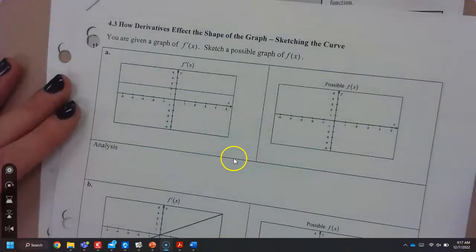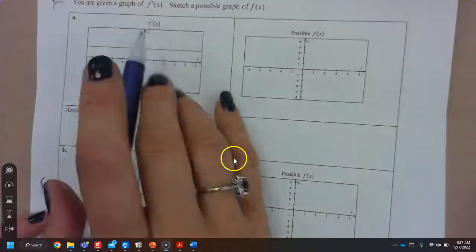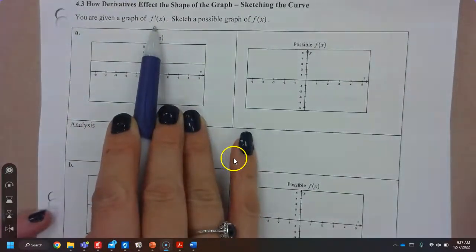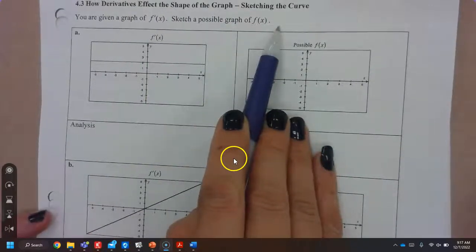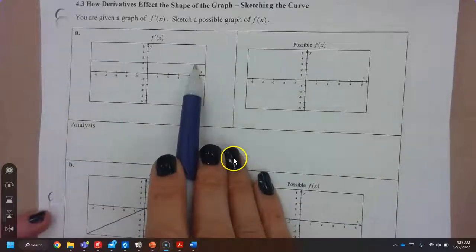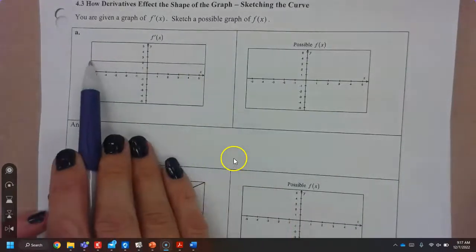All right. So here it says you are given a graph of f prime. Sketch me f. If f prime is a constant, what does that mean the function before it was? Linear. And what does that mean the slope was?